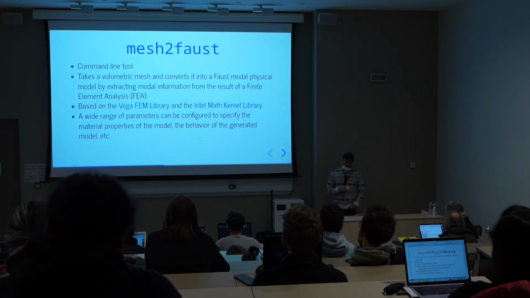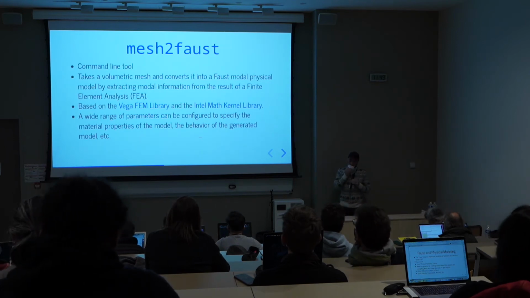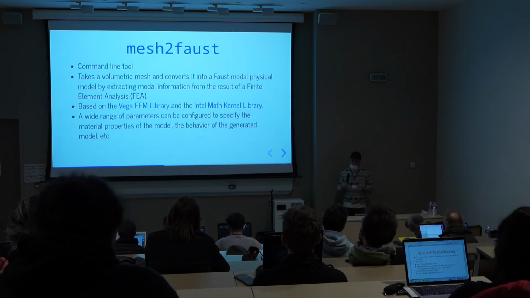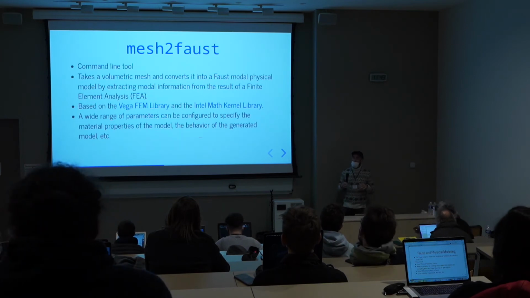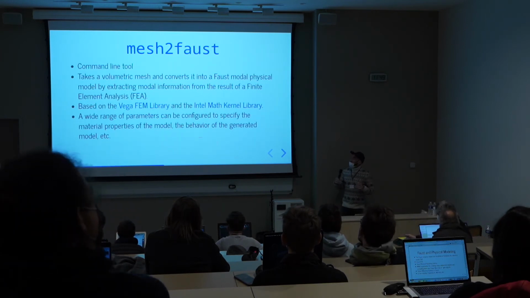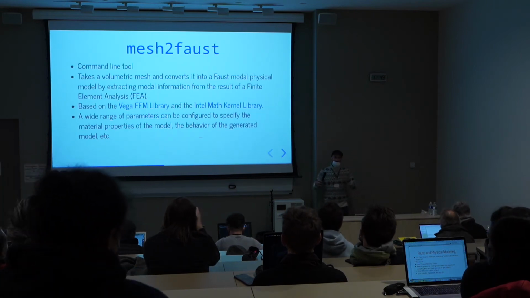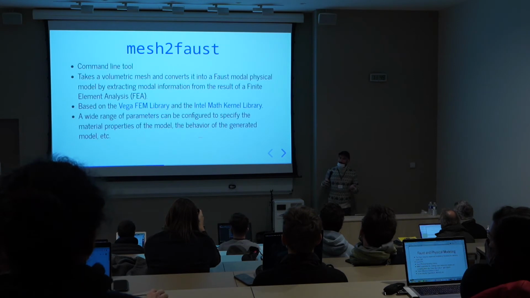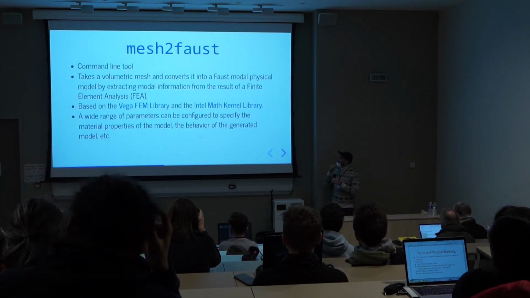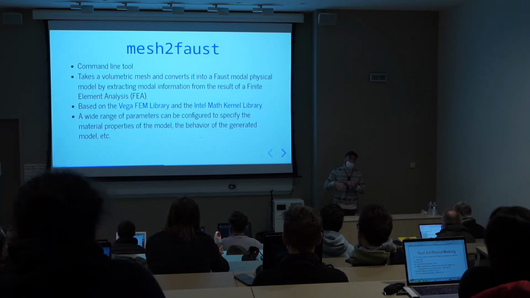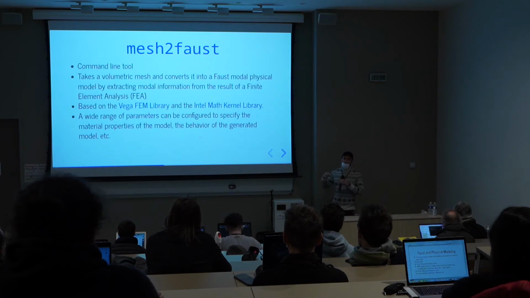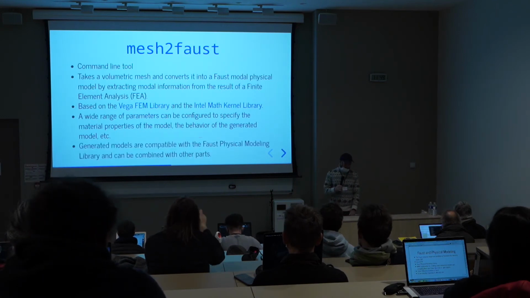A wide range of parameters can be configured to specify the material properties of the model and the behavior of the generated model. So if you want to use a specific kind of material, say copper, wood, brass, or whatever, you can configure that directly in Mesh2faust, and there are many parameters that you can control to refine the physical model you're going to get from it.